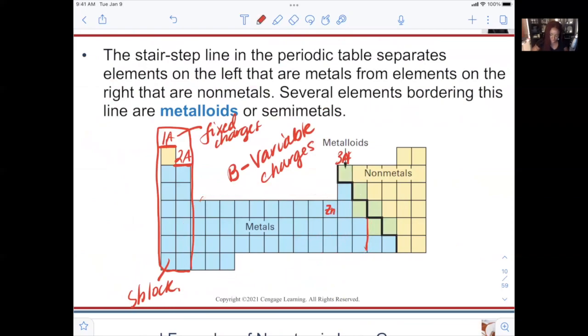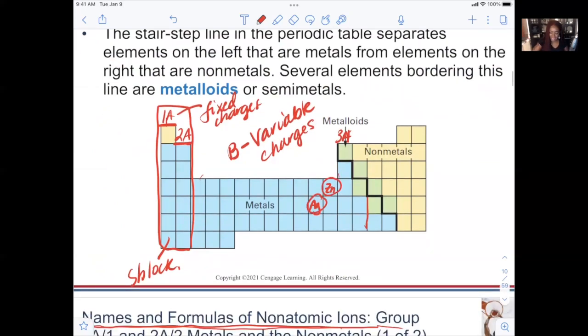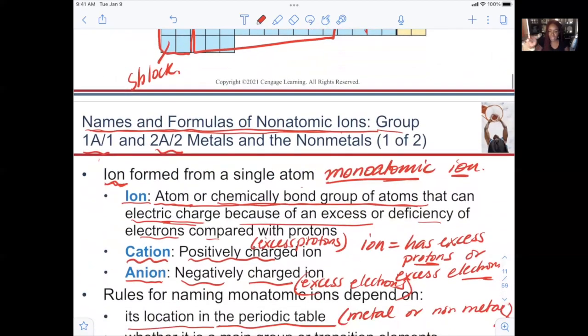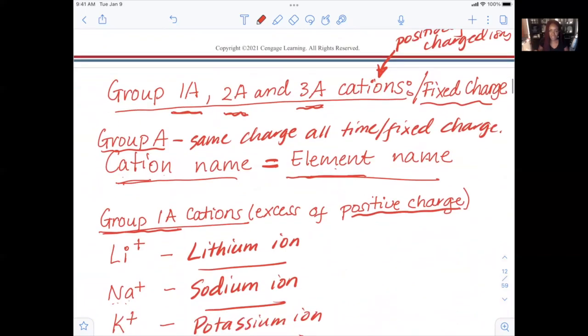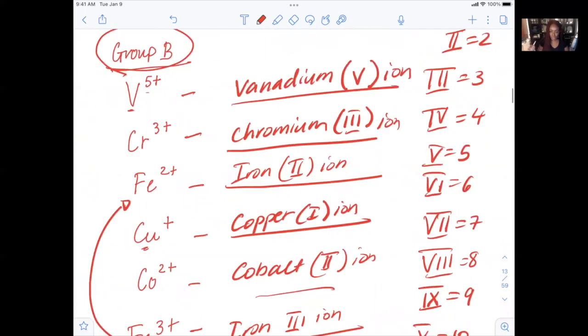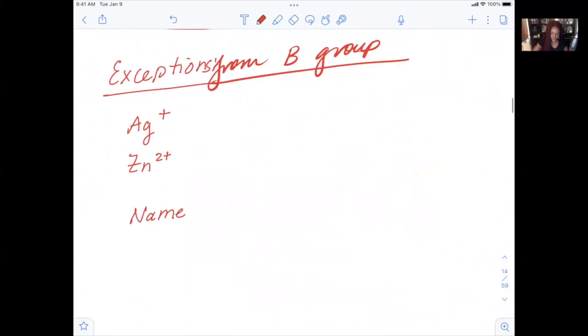We got zinc right here, we got silver right here, these two right here, okay? They're clearly in the D block, right? They're clearly in the B group, but when you name them, you can't include the charge, because even though they are in the B group, they don't have more than one charge. These have only one charge, okay?